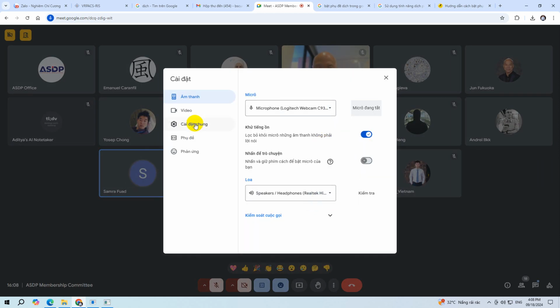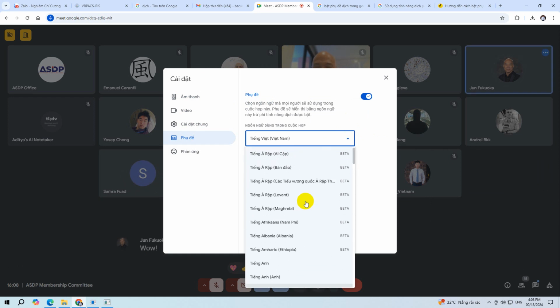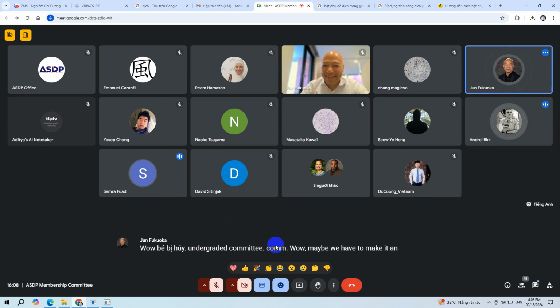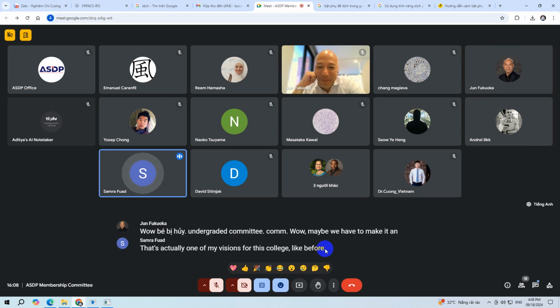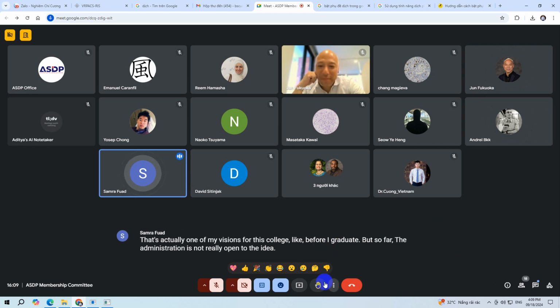So far the group is growing. Maybe we have to make an undergraduate committee. That's actually one of my visions for this college, before I graduate. But so far, the administration is not really open to the idea. I'm really trying though.